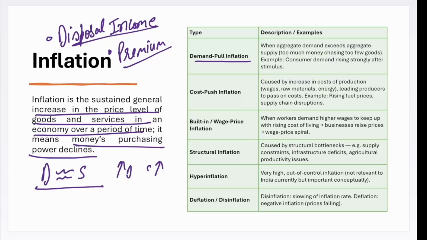If demand goes up and supply matches, then the price remains stable. If demand goes up and supply is not able to match it, prices will go up. Once the price goes up, demand will itself fall because not everybody is ready to spend more money on the same product.